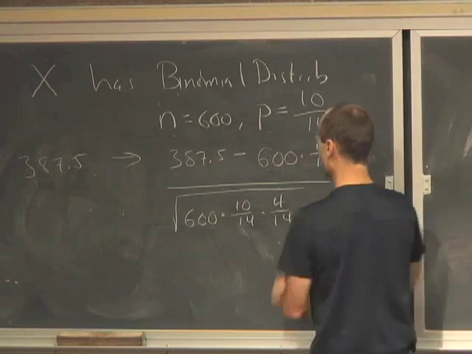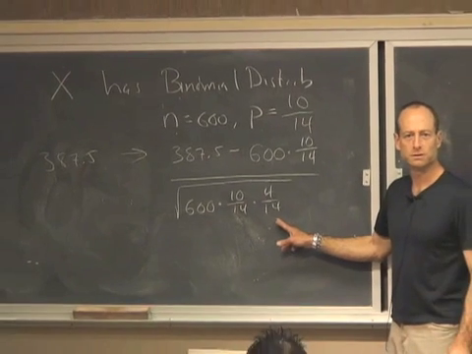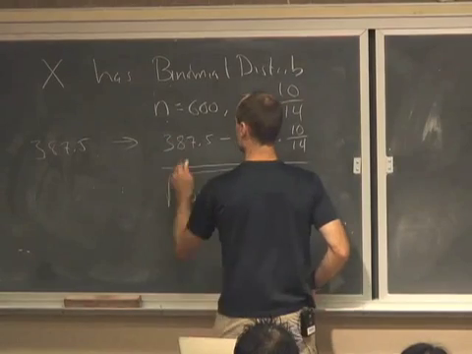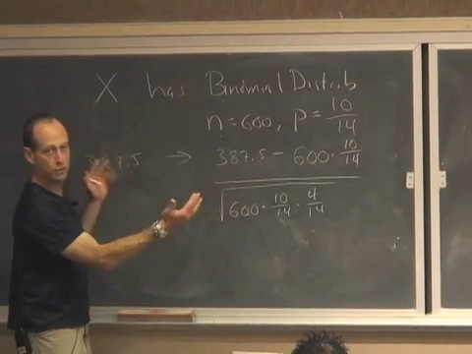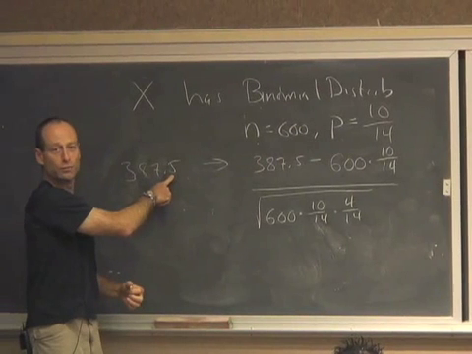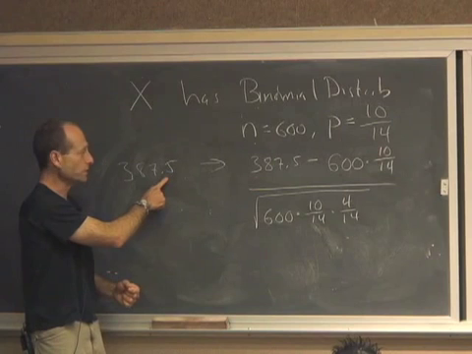It's the square root of n times p times 1 minus p. Okay? So this is now the lower endpoint of the range, adjusting for what's called the continuity correction, right? We're taking the whole bin that includes the outcome 388. So we're starting at 387.5.